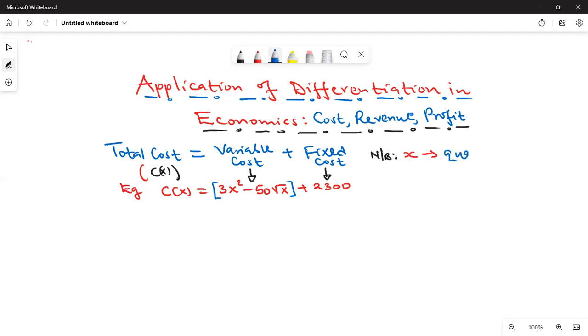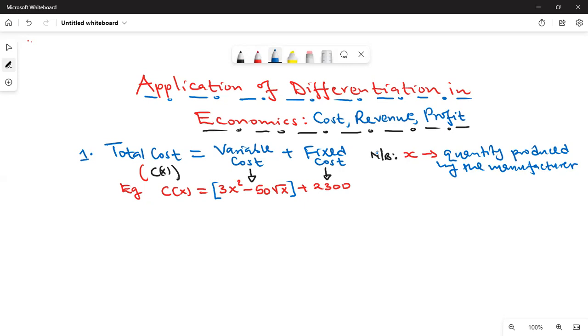So we are going to refer to that as x. The C of x there stands for the cost function. So usually total cost is equal to variable cost plus fixed cost.